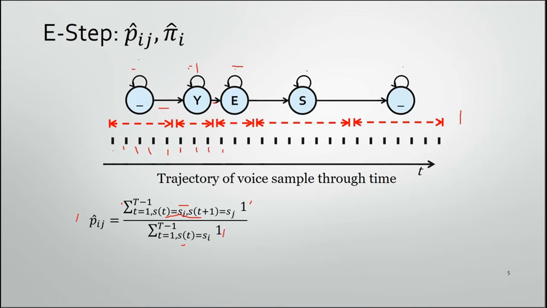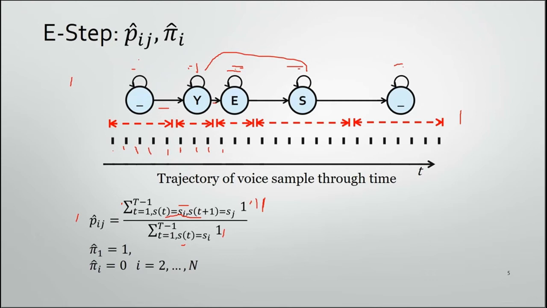Now, in this simple English word yes, the numerator is always 1 because it transitions from Y to E only once, from E to S only once, and from S to pause only once. So the numerator is always 1 for all states i and j. But in a longer English word, maybe you could have another transition from S back to Y or something, in which case this would not necessarily be 1.